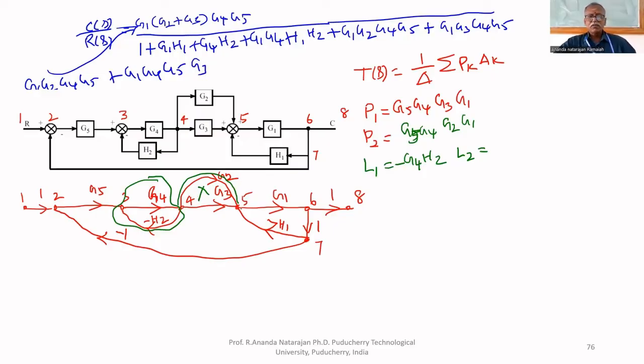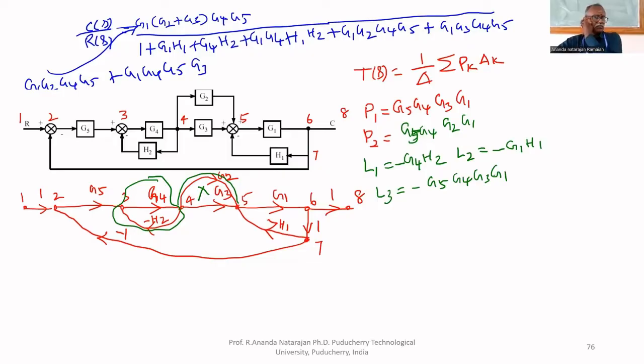But this is a loop: 5, 6, 7, 5 is a loop. That is minus G1, H1. One more loop: 2, 3, 4, 5, 6, 7, 2. L3 equal to minus G5, G4, G3, G1.